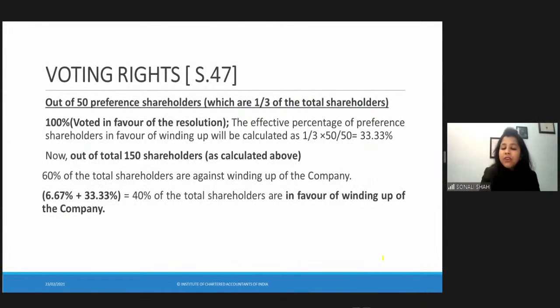When you look at preference shareholders, their composition is 1/3 of the total shareholders, so the votes received in favor are 33%. So 60% of the total shareholders are against the winding up of the company, and 6.67% plus 33.33%, that is 40%, are in favor of winding up of the company. This is how you determine the proportion of voting.